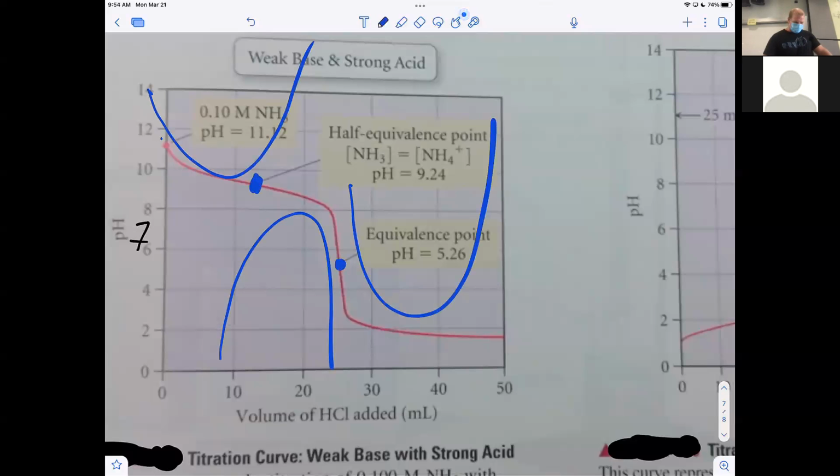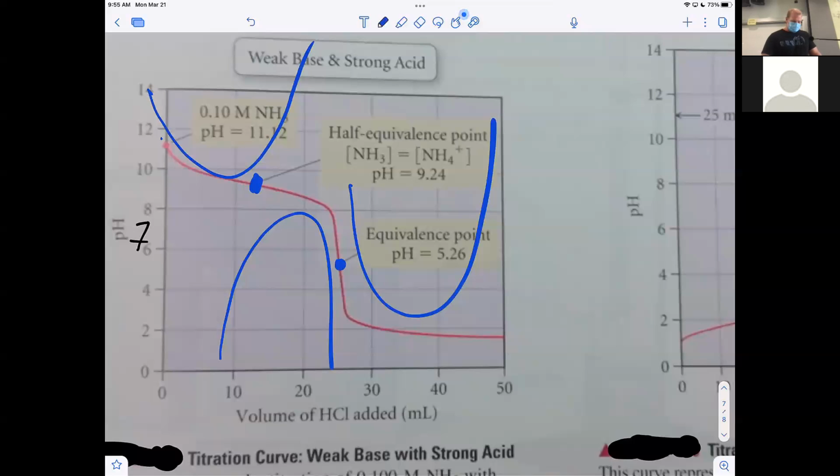So same idea. This is going to be the pKb. No, I guess it'll be 14 minus the pKb, because it's going to be a little different because we have it geared towards acids, but you could then tell the 14 minus that number is going to be the pKb of the base.